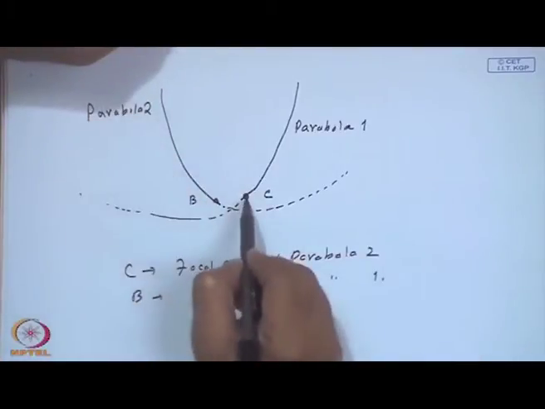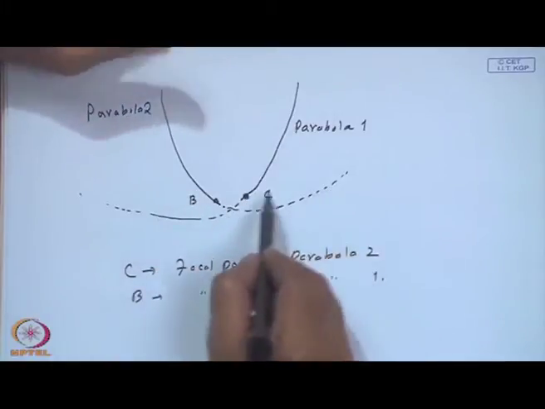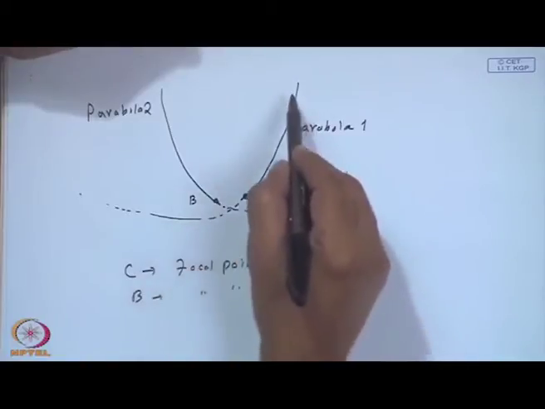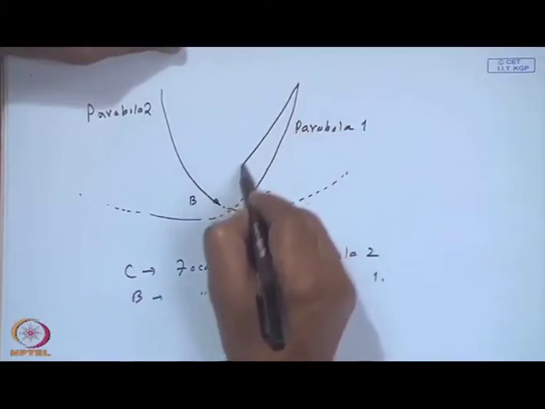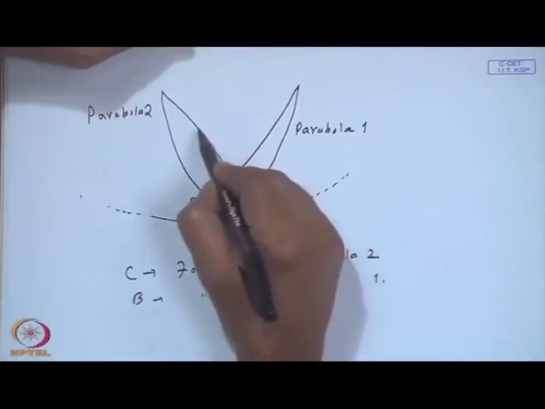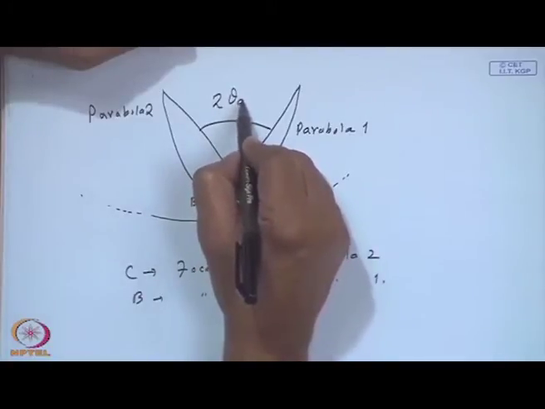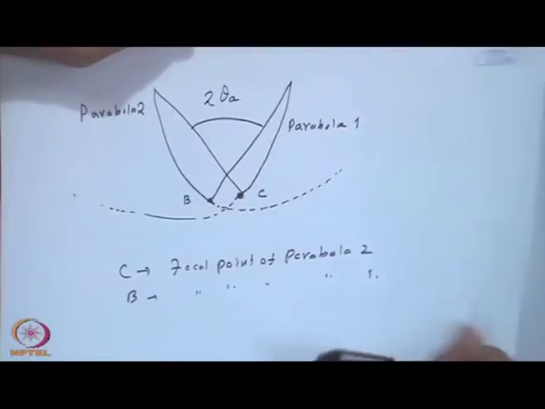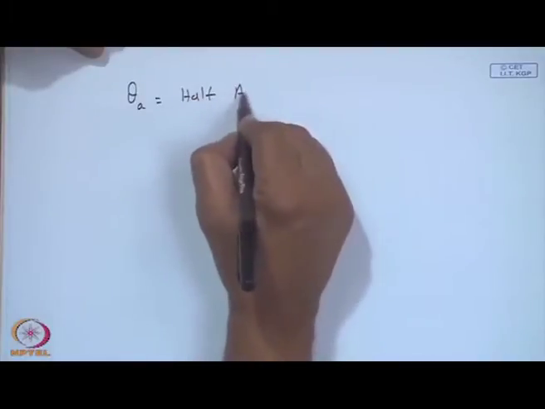So, you have got a point on parabola 1 which happens to be the focal point of parabola 2 and the point B is the focal point of parabola 1. And you define, if you cross join like this, 2 theta A, where theta A is the half acceptance angle.